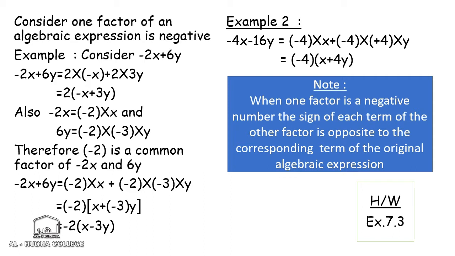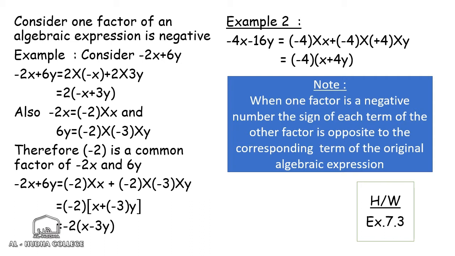Now we write minus 2 and inside the bracket x, then plus into minus, as we studied in the previous slide, is minus. So minus 3y. Therefore minus 2 into x minus 3y.